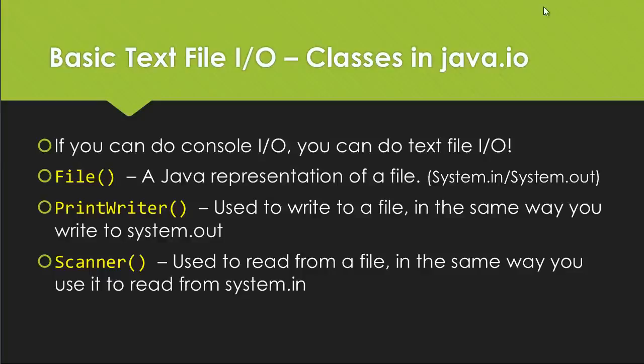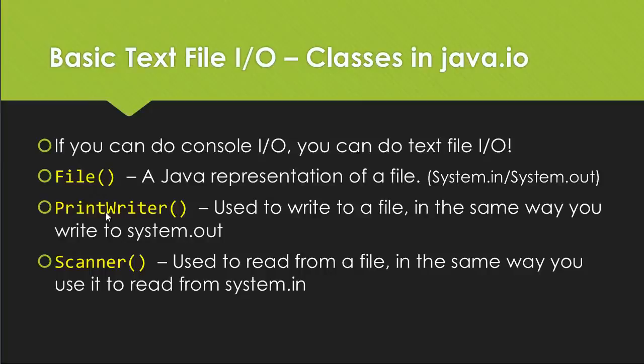Now, rather than reading from System.in and System.out, instead we're going to use the class File. And in Java, the class File is a representation of a physical file on disk. When you construct an object of class File, you usually give it a string that represents the file that you want to use. To mimic the print, println, and printf methods that we're used to, we will use the PrintWriter class.